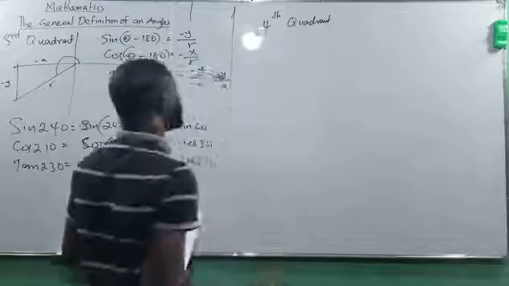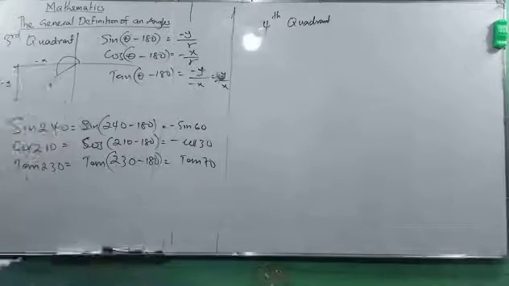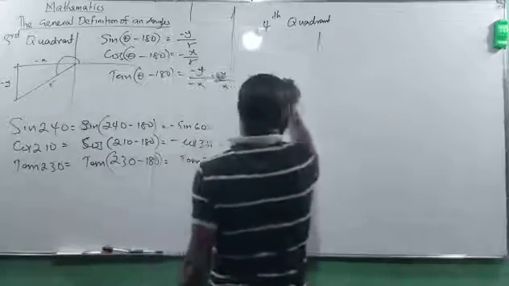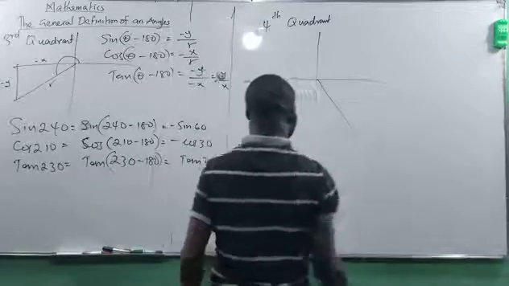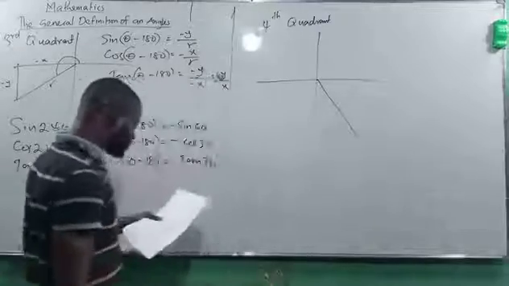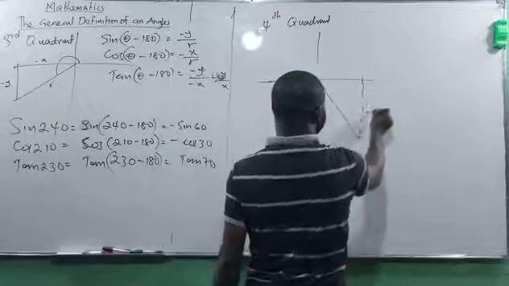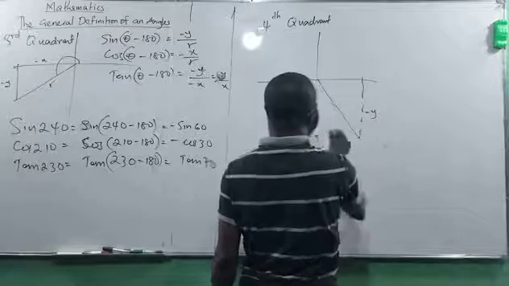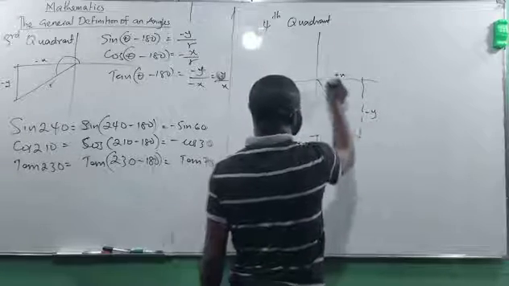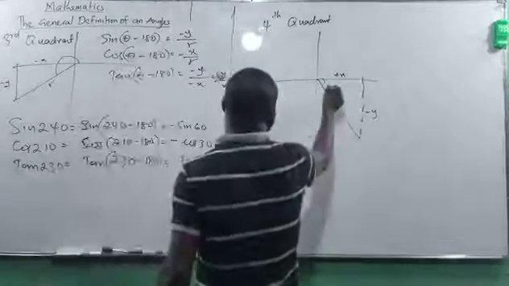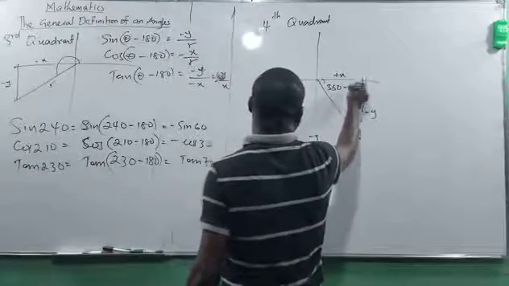At this point, we are talking about something like this. In the fourth quadrant, you know that this is going to be minus y, and this is going to be positive x. And this is the angle we are talking about. It means here is telling us 360 minus theta.